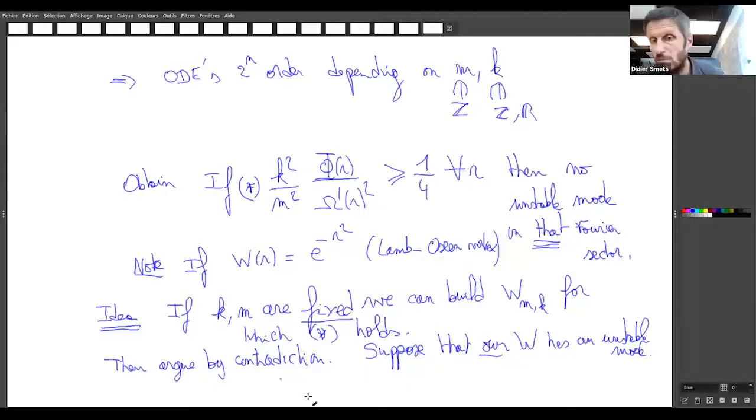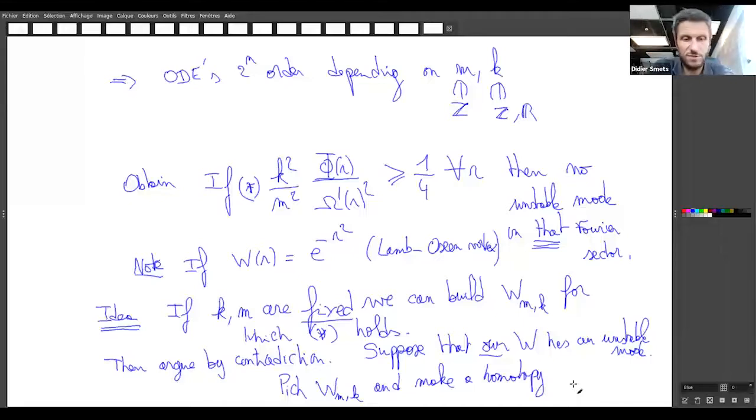Now you pick in some Fourier sector, it will be in some Fourier sector. You pick this capital MK, WMK, and make a homotopy between both. So I start and finish with that slide and just a picture.